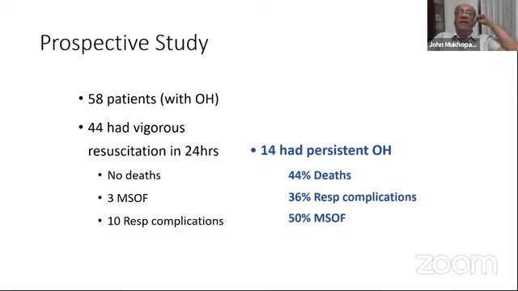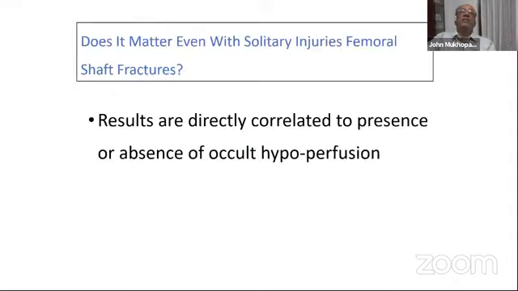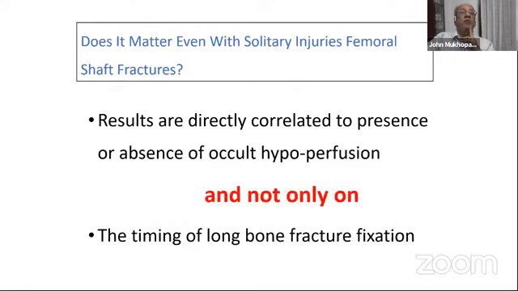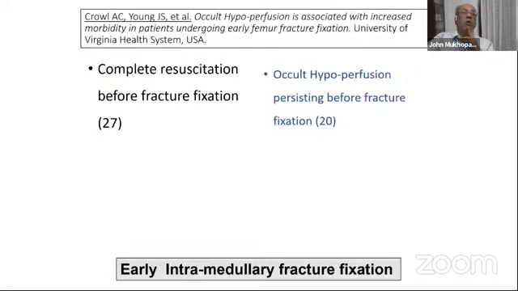So I think it's the silver day, which again is more important, especially for us dealing with these patients in the hospitals. Okay, now what about solitary femoral fractures? I showed you that case in the first place. This study shows that the results are directly correlated to the presence or absence of occult hypoperfusion and not only to the timing of long bone fixation.